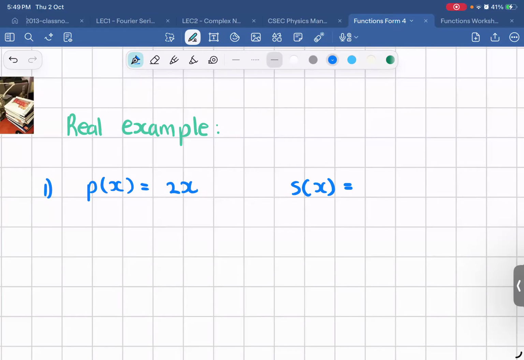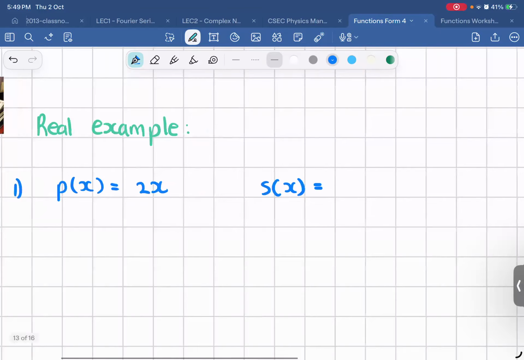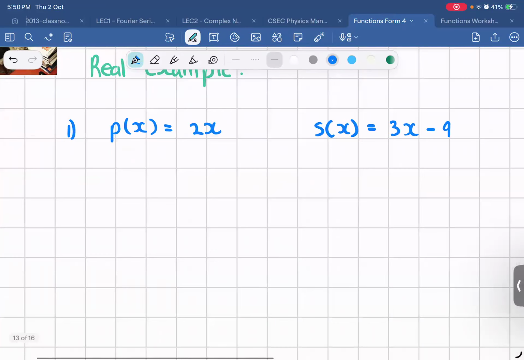Give me a function. 3x take away 9. Okay, cool.